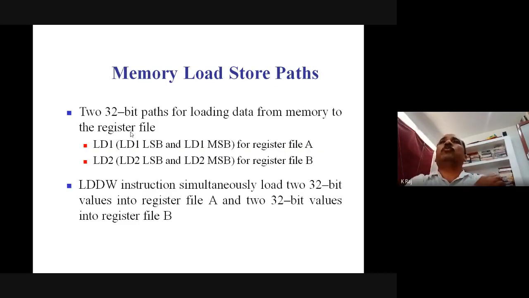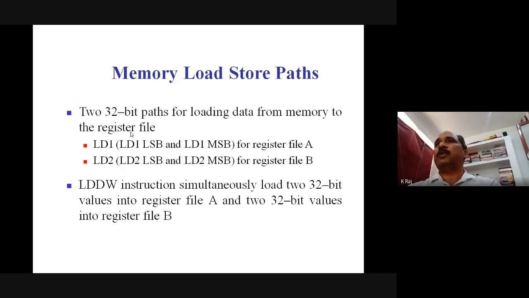Memory load store paths: there are two 32-bit paths for loading data from memory to the register, as described in the block diagram, LD1 and LD2. LD1 has two sections, LSB and MSB, and similarly LD2 has LSB and MSB.